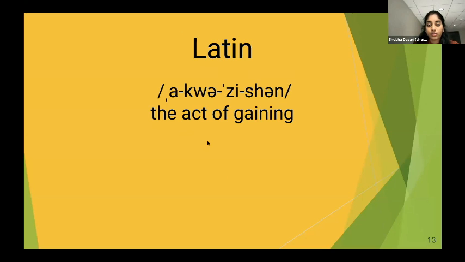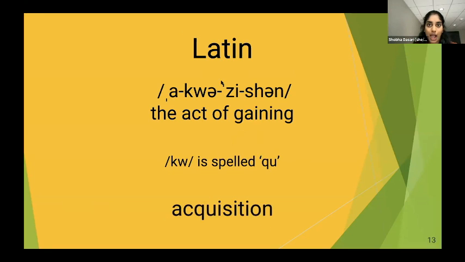One thing to point out is the qua sound is spelled with the QU, like we talked about earlier. Another thing to point out is that the shun sound in Latin is spelled with the TION, like TI in Latin often makes a sh sound. And so the word acquisition is spelled ACQUISITION.